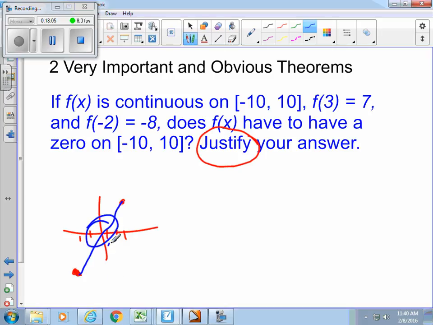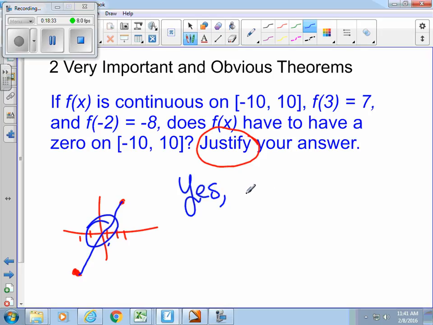Gotta cross the x-axis. Duh, right? But justification is a little tougher than that, so I'm going to use the intermediate value theorem. So yes is the answer. Don't forget to always answer the question, even when it's a justify. Yes, there is a 0 from -10 to 10.